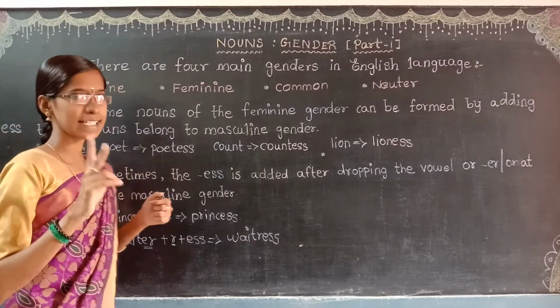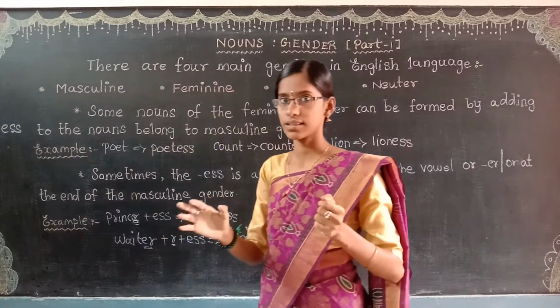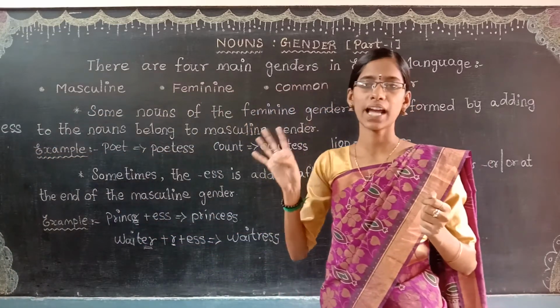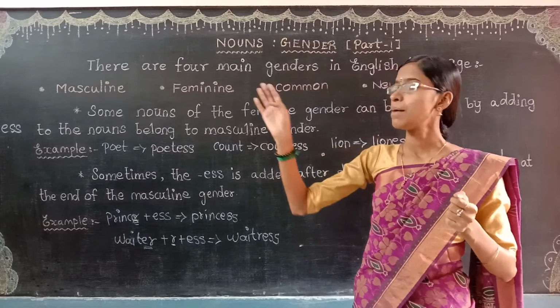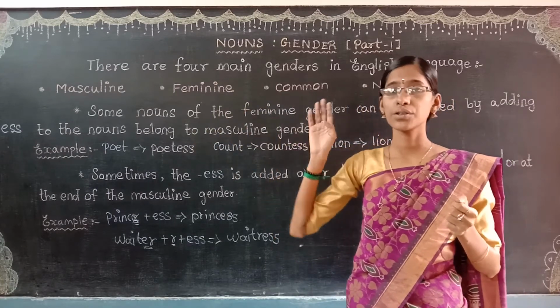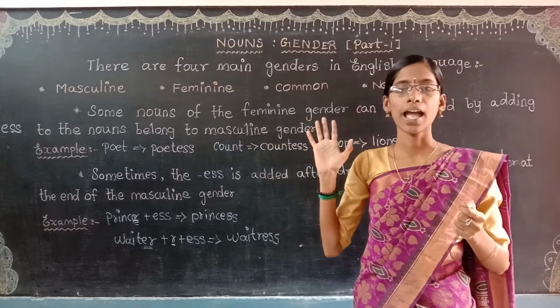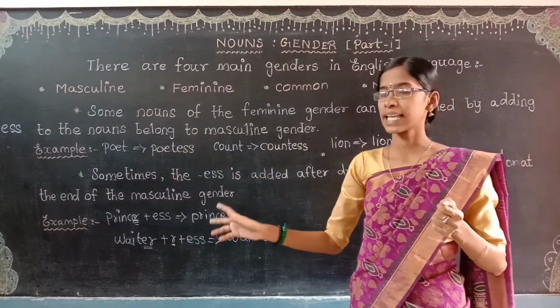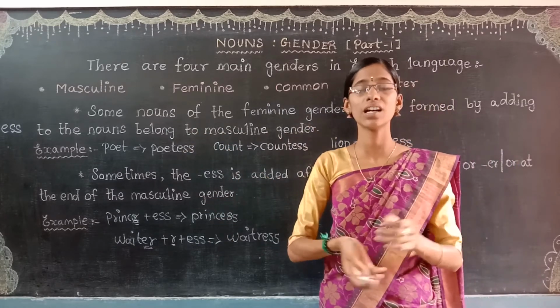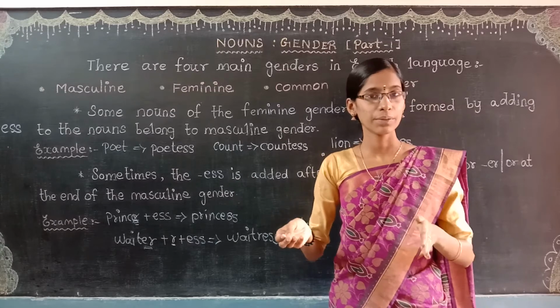So in this session you have learned how many gender types there are in the English language. What are they? Masculine, feminine, common and neuter. And we have seen two rules on how to change a masculine gender into a feminine gender.